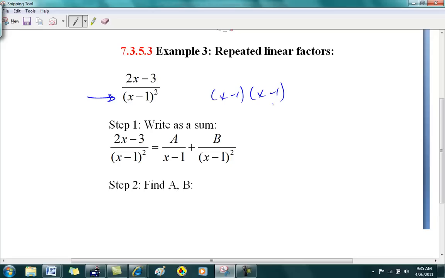This is a very specific way of doing it, okay? Remember what I told you. Go back to page 501, read the rules. The rules basically say that if the denominator is a linear factor, then the numerator is a constant. If the denominator is a quadratic, then the numerator is linear.